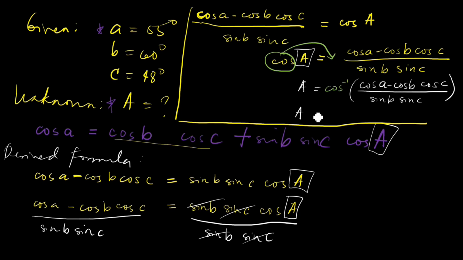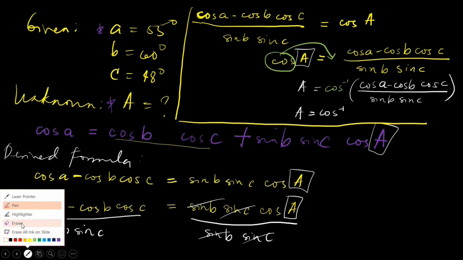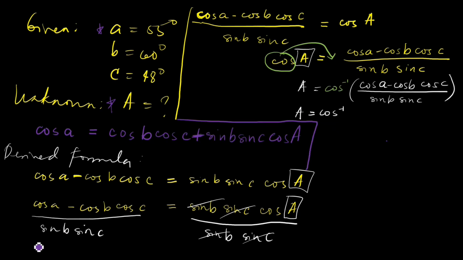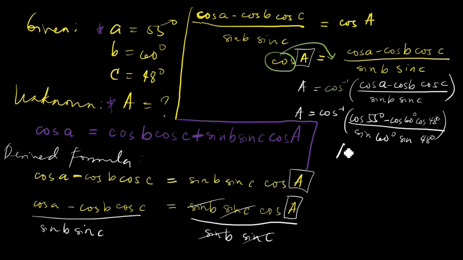So we have A equals inverse cosine of cosine of small a, 55 degrees, minus cosine of small b, 60 degrees, cosine of c, 48 degrees, divided by sine of small b, 60 degrees, times sine of small c, 48 degrees. Then you input it in your calculator.